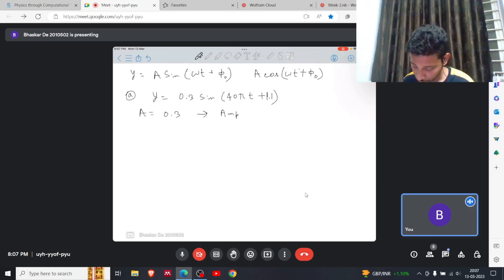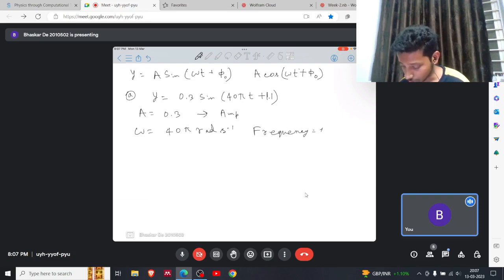Angular frequency is omega, so omega is 40 pi radian per second. So frequency f is omega by 2 pi, so that will be 20 hertz.